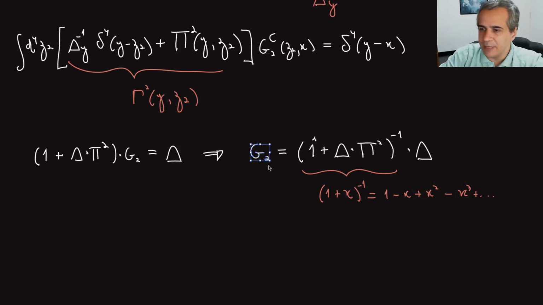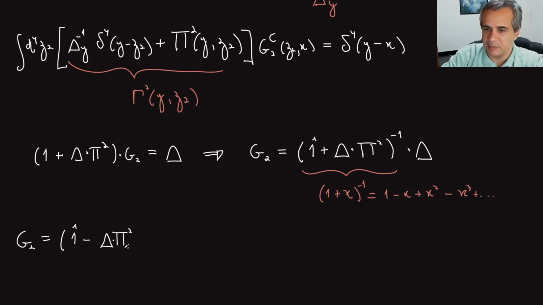That means I can write g2 as 1 minus delta pi 2. Remember, there's a scalar product here, but I'm suppressing everything to make life easier.